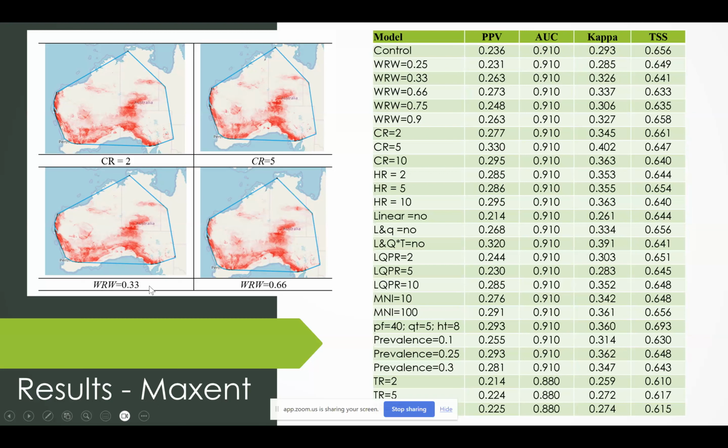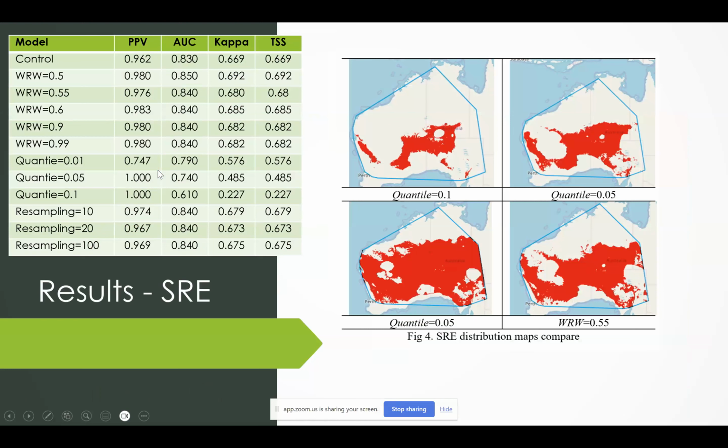Even when we compared with two other configurations like WRW equals 0.33 or WRW equals 0.66, the distributions have only a minor difference.